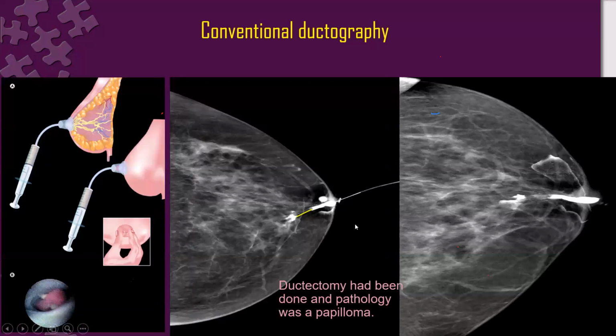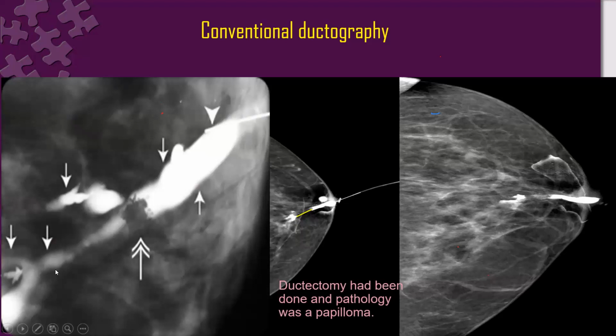This was performed more than 10 years ago by myself, and here we can measure the length and caliber of this lesion. A ductectomy was done and pathology was a papilloma. And as you know, here you can see the needle, so we can inject contrast through a discharging orifice in the nipple to dilate the ductal system.